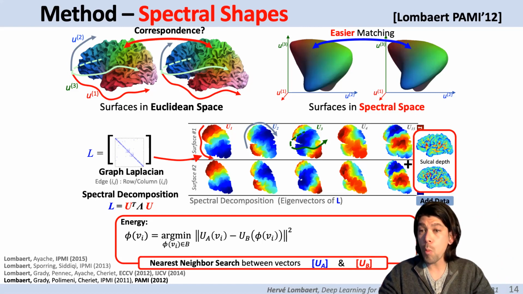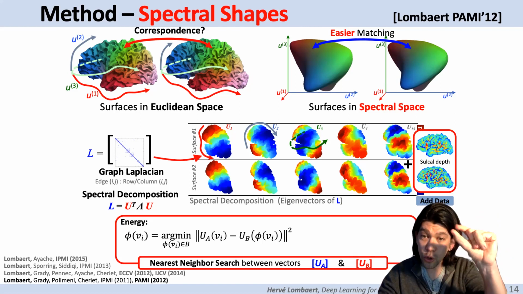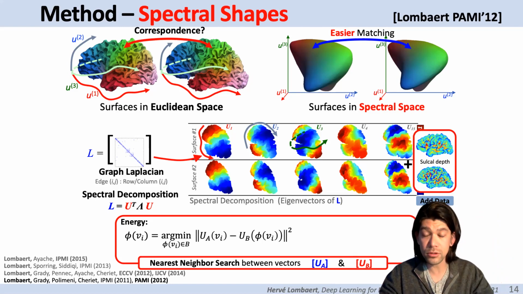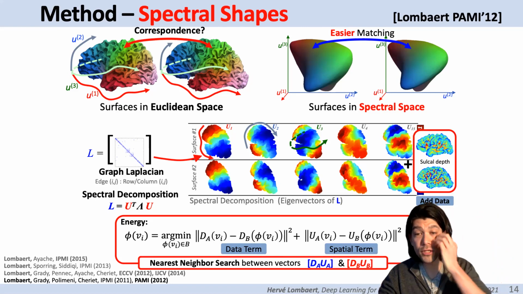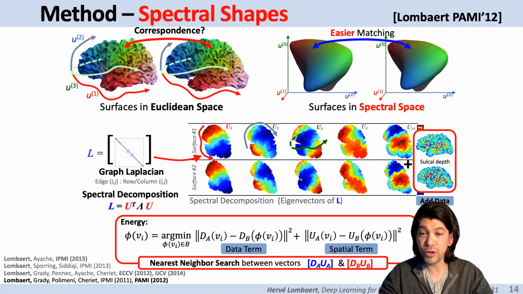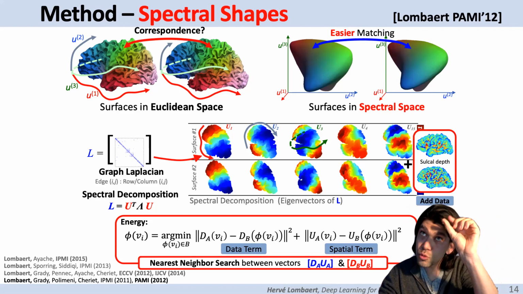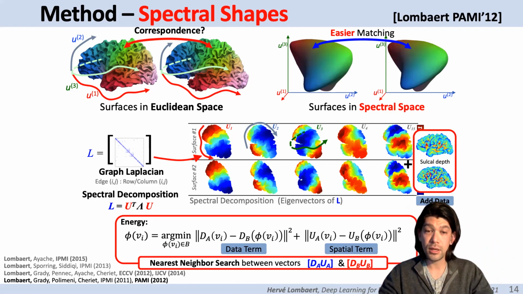We can add more data on the surfaces, for example sulcal depth, cortical thickness, or functional data. So in terms of the functional loss, we have a data term, data that lives on the surface, and a spatial or surface regularization term. That means you want neighbors to be alike on the surface itself.